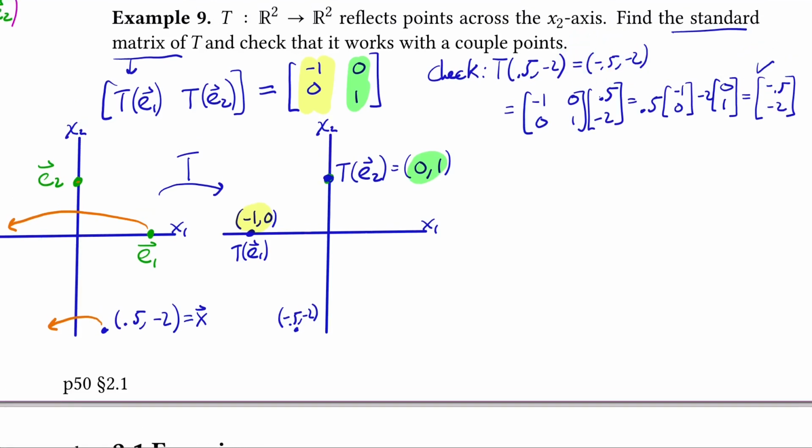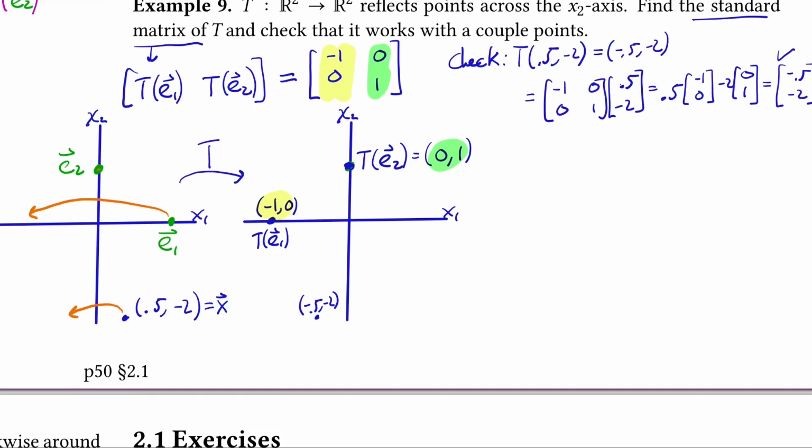All right, it says check that it works with a couple points. Here's another point, 0, 0. We'll make this one easy. If that is on the x2 axis, it shouldn't go anywhere when it's reflected across. So T of 0 should still be the origin.